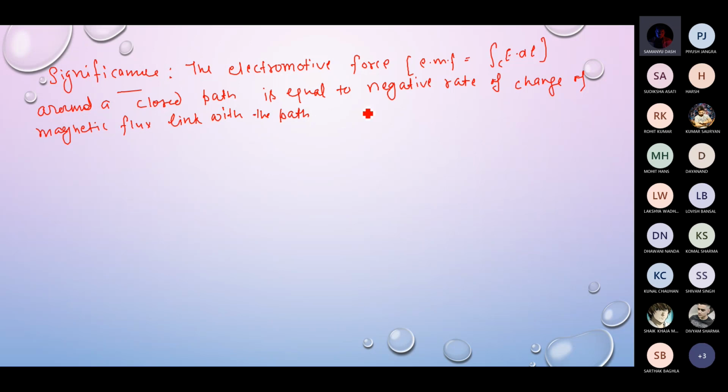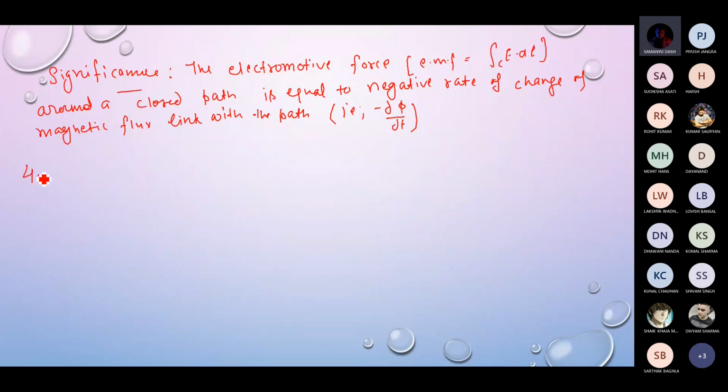So that is negative d phi by dt, phi being the magnetic flux linked with the path. So the electromotive force EMF around a closed path is equal to the negative rate of change of the magnetic flux linked with the path.